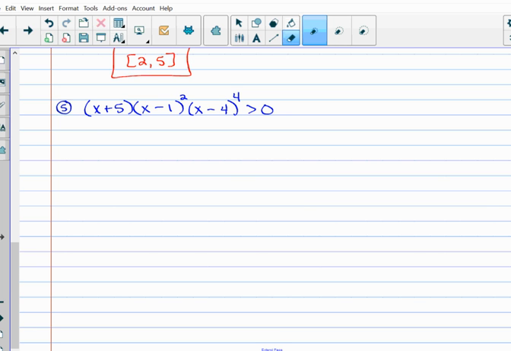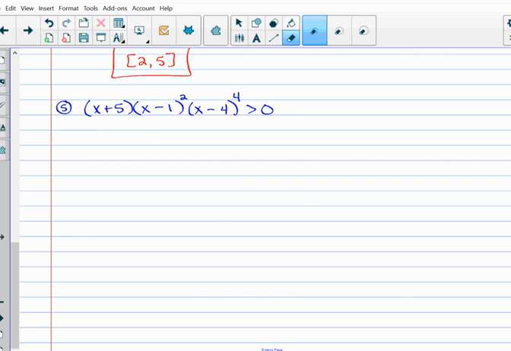The way I did it was I started with, because this one doesn't have a multiplicity, I started off with 0, and obviously I did it positive.